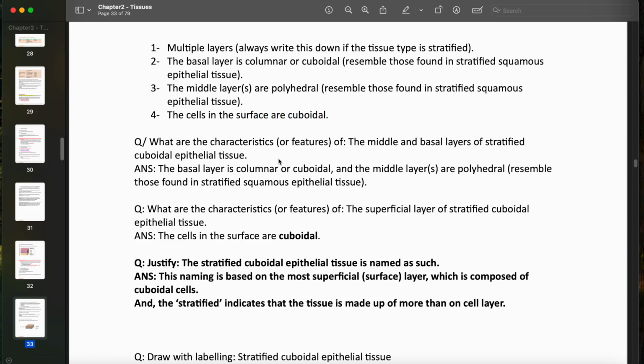They can also ask you about the characteristics of the middle and basal layers of the stratified cuboidal, and you just say that they resemble the stratified squamous epithelial tissue and describe them. The middle layer is polyhedral and the basal layer is columnar and cuboidal.